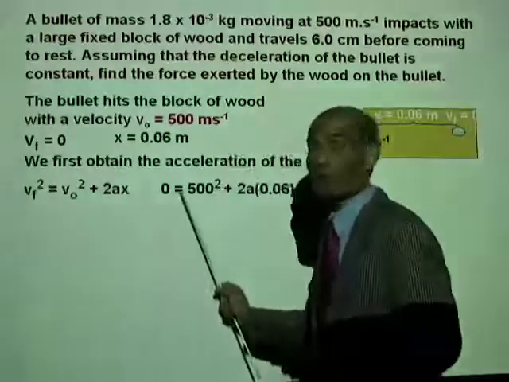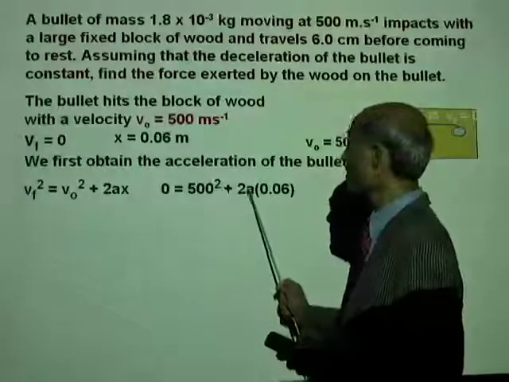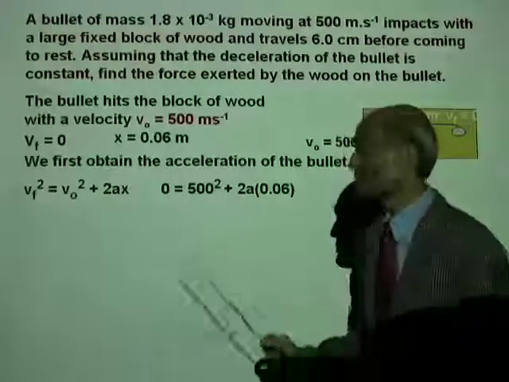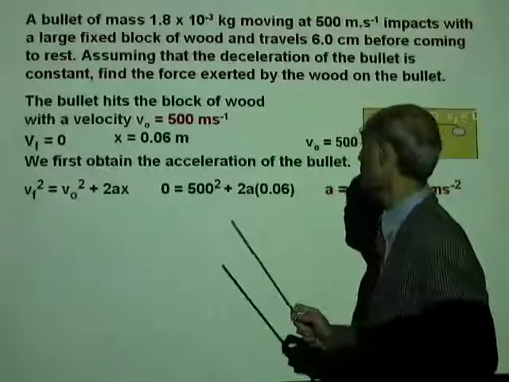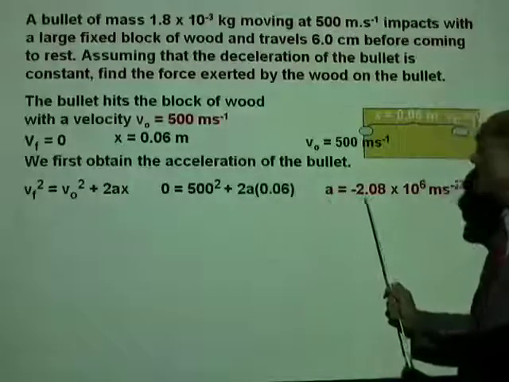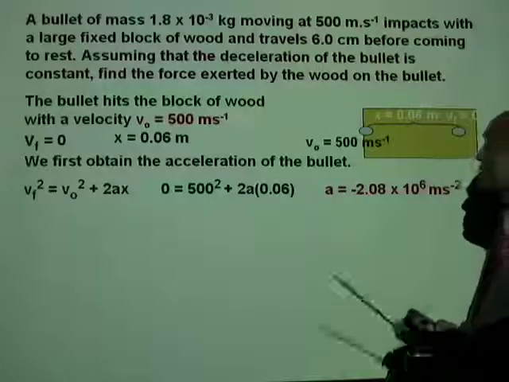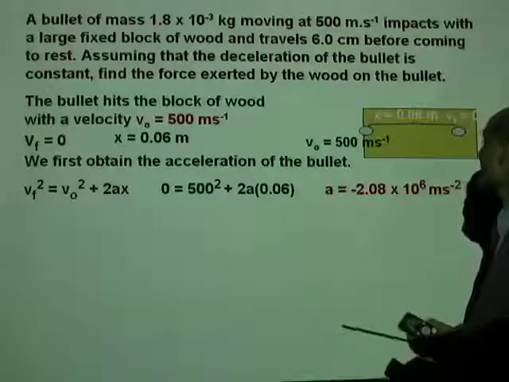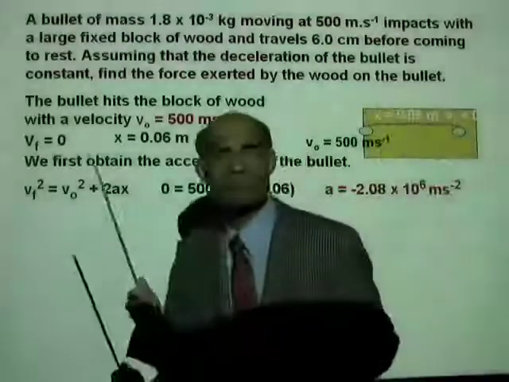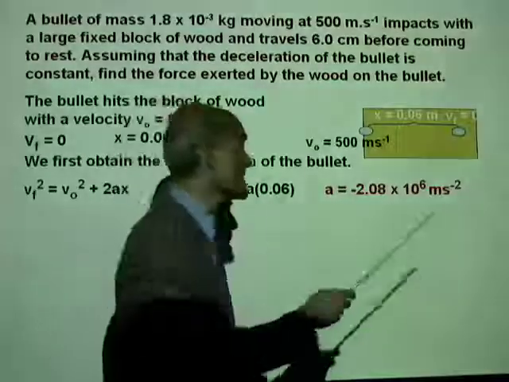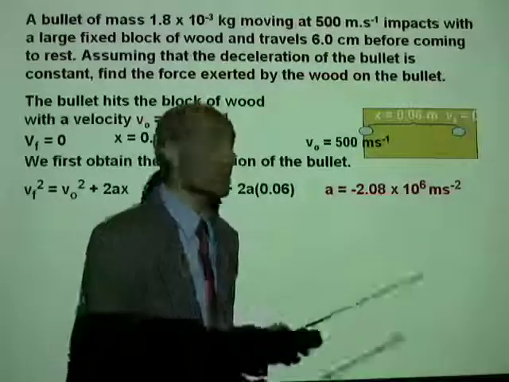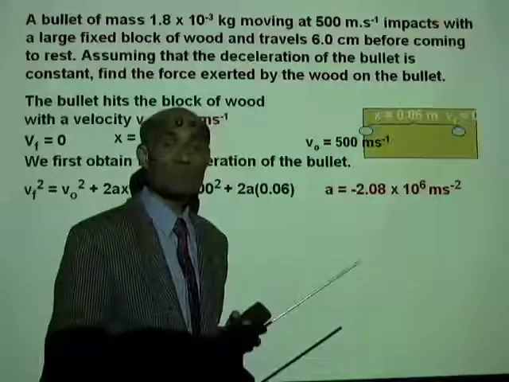Vf is 0. 0 equals 500 squared plus 2a times 0.06. Solve for a from there. I'm going to leave it for you to solve on your own. I got a equal to negative 2.08 times 10 to the 6 meter per second squared. That is a tremendous acceleration. Negative means it is directed opposite to its velocity. So this is the acceleration.